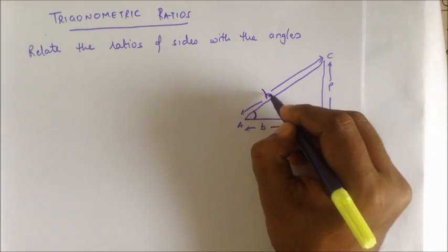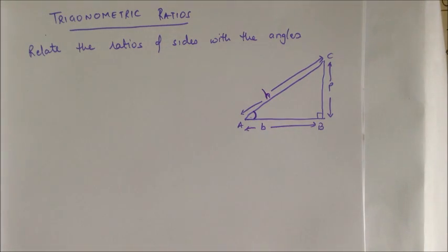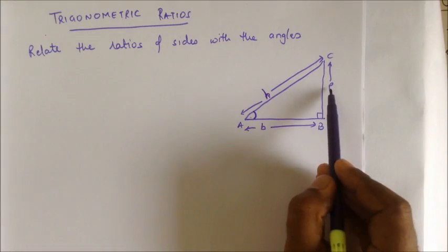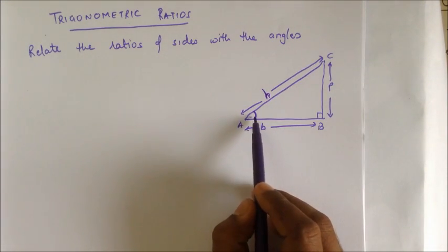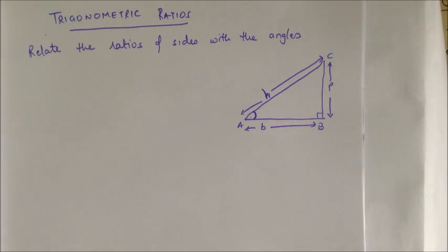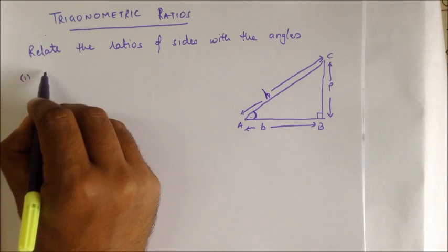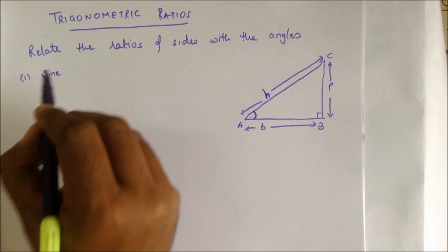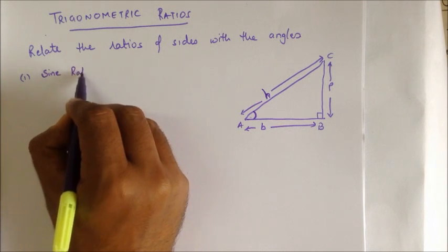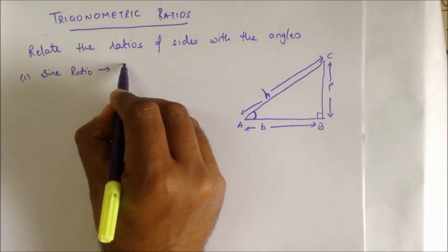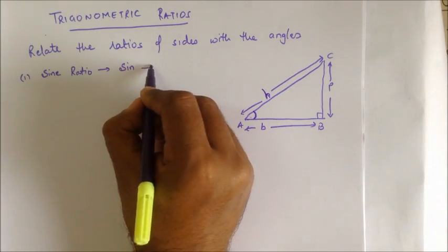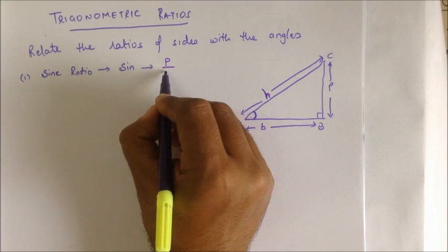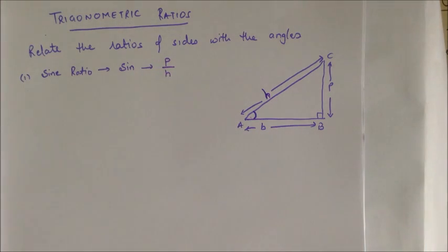So AC has become the hypotenuse, BC has become the perpendicular, and AB has become the base for this angle A. So the first ratio that we'll see is known as the sine ratio, which in short form is written as SIN. It is the ratio between the perpendicular and the hypotenuse of the particular angle.